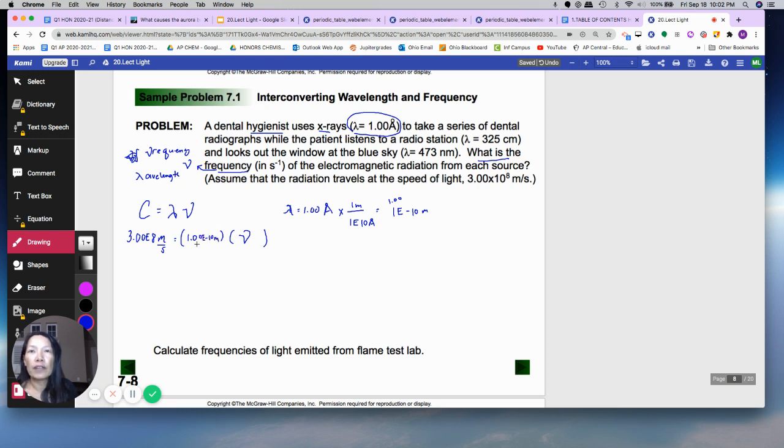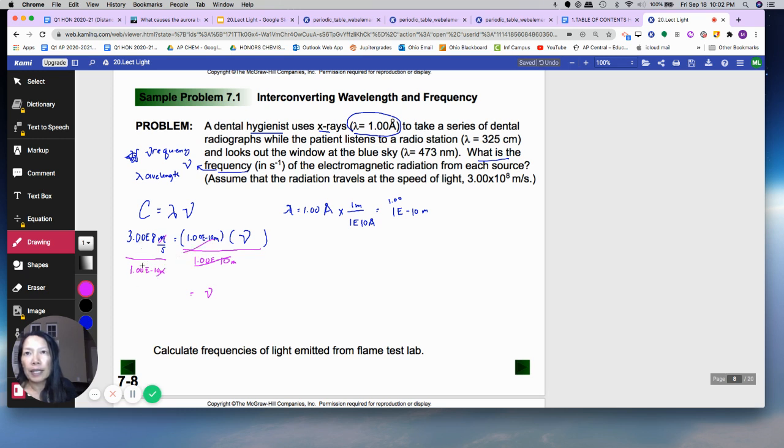If they're looking for the frequency, you just divide by 1.00 E negative 10 meters to isolate that variable. So the frequency becomes, the meters cancel.